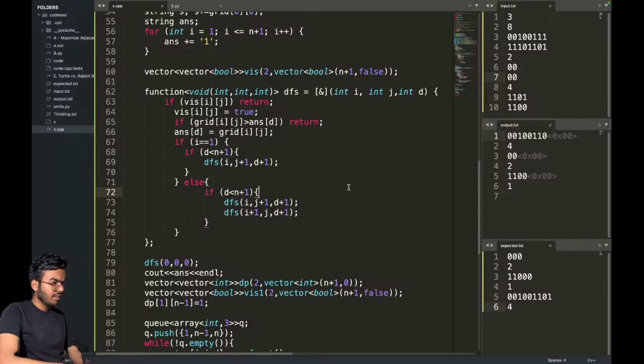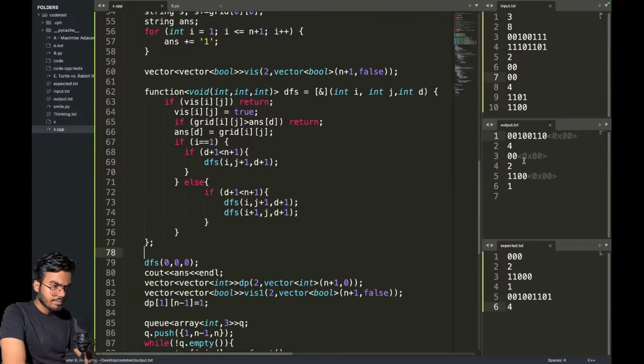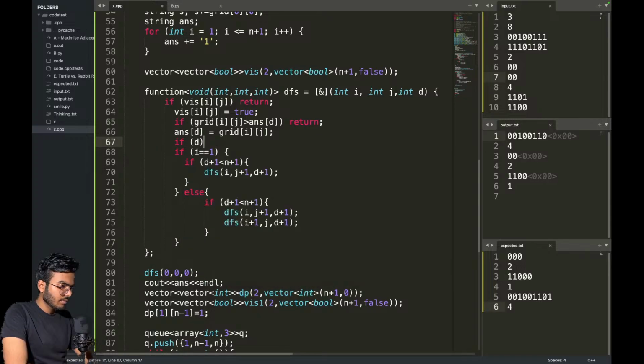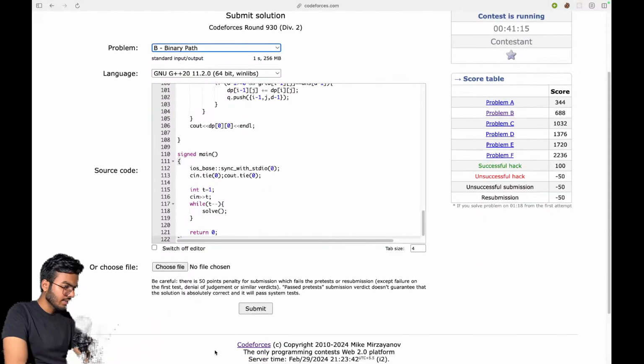So it should not be D. Instead, I think it should be D plus 1. Yeah. So binary path and submit.